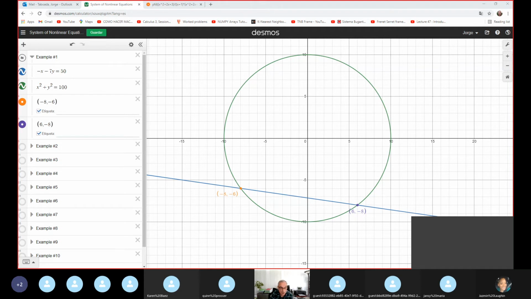We combine later. This is 1, this is 4, this is 5. 5x squared minus 20x minus 25, no? Because 25 positive and 50 negative, equal to 0. If you divide by 5, we have x squared minus 4x minus 5 equal to 0.